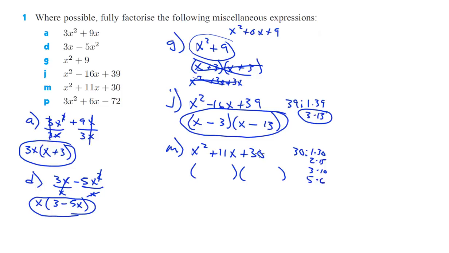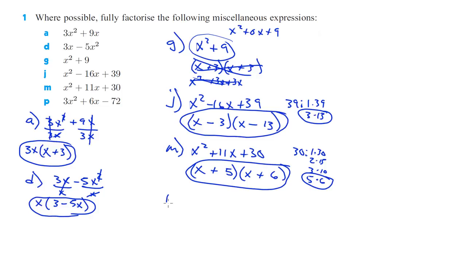So there's a lot of them. Which one of those factors add up to 11? 1 and 30 is 31, 2 and 15 is 17, 3 and 10 is 13. This one adds up to 11. So we can go x and x, 5 and 6, or 6 and 5, it doesn't matter. And now we know that these two have to add up to 11, so it's got to be plus 5 and plus 6.